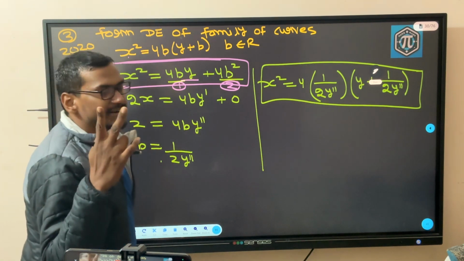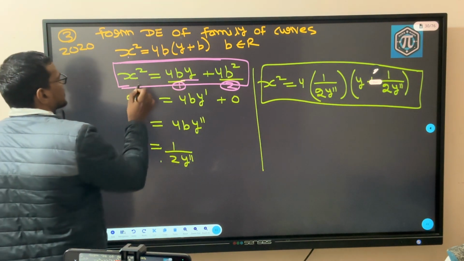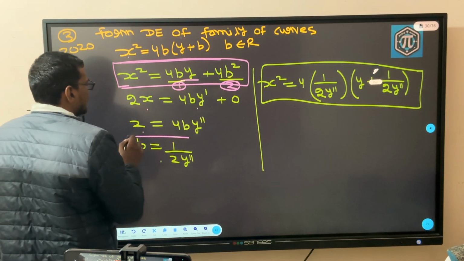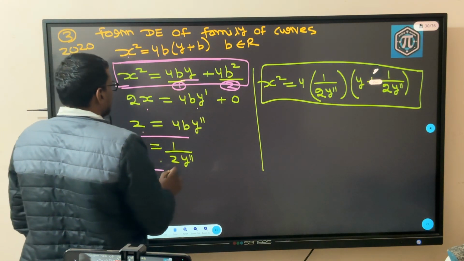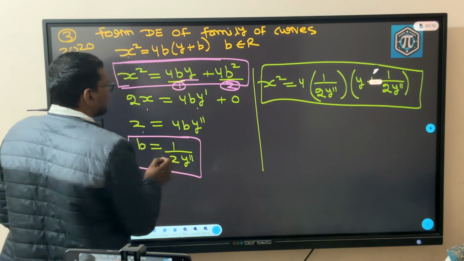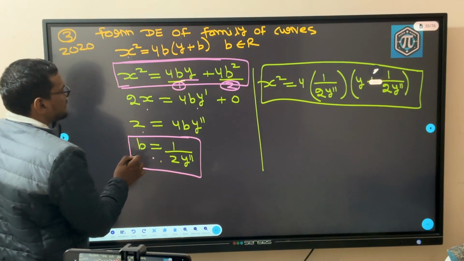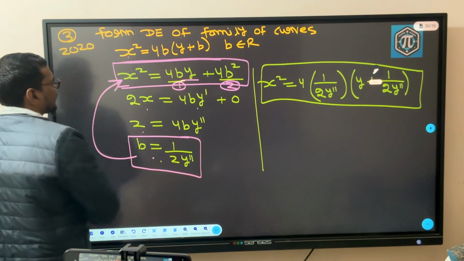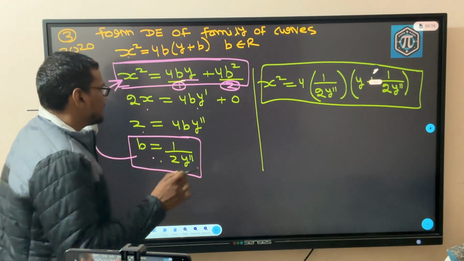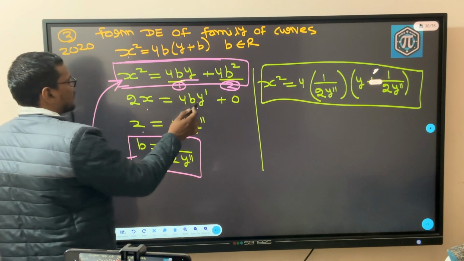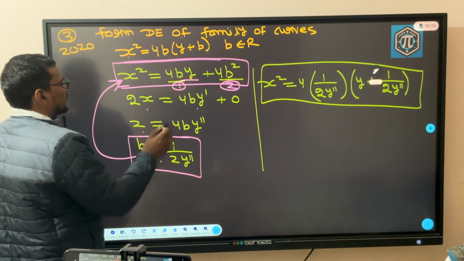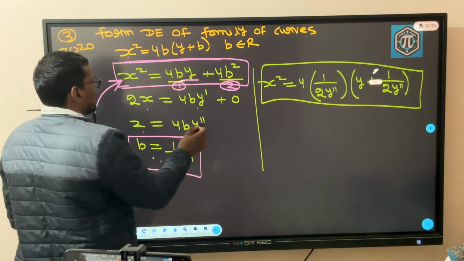Total two arbitrary constants. So we differentiated one time, then a second time, and when we differentiated the second time, we got the value of b. This b we will put here. Right? One time differentiated, we got this. From here, again differentiated, so we got 2 equal to 4b into y double dash.